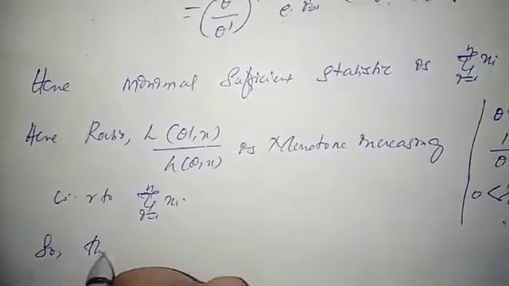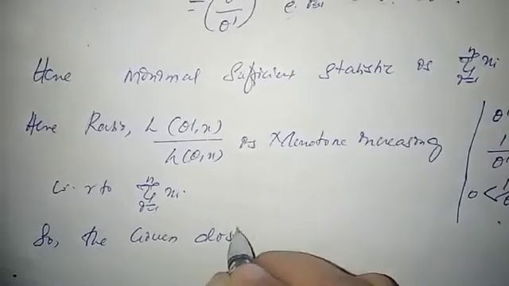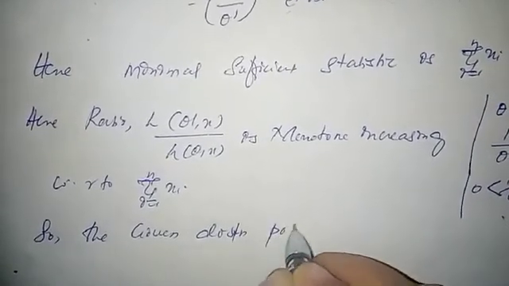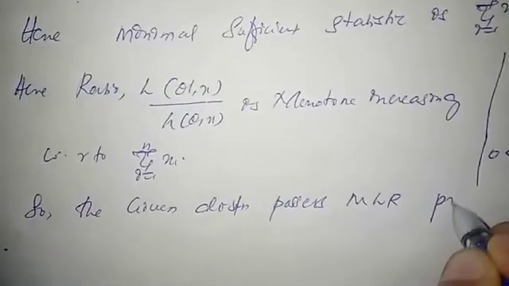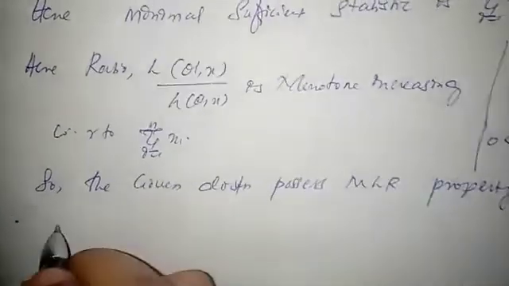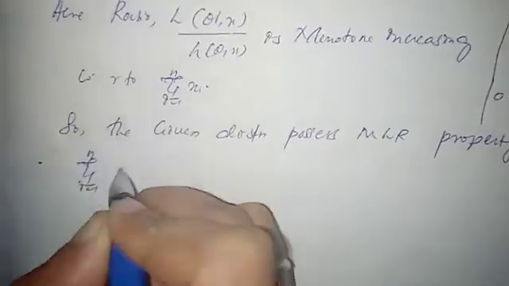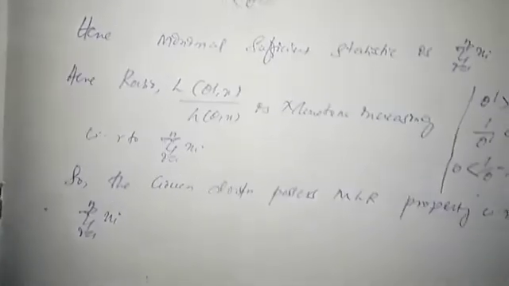So the given distribution possesses MLR property with respect to summation i = 1 to n xi. So this distribution possesses MLR property.